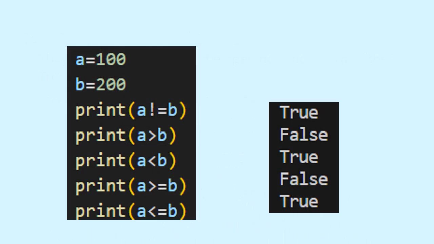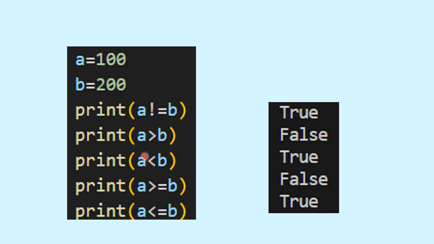In this slide we are looking at some practical examples of usage of comparison operators. We are using the same variables as before. We are checking whether a is not equal to b, which in turn gives the output true, since 100 is not equal to 200. Next we are checking a is greater than b, which returns the value false, since 100 is not greater than 200.